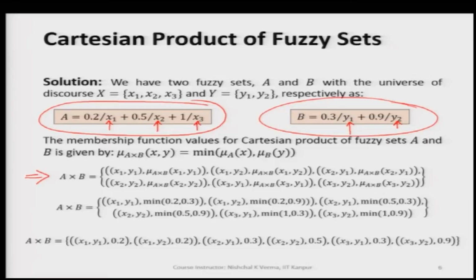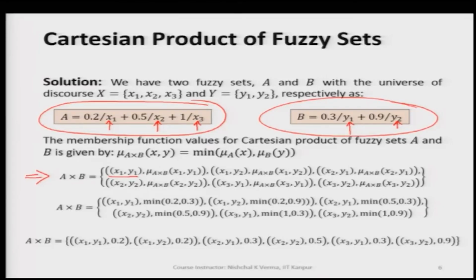So, when we take the Cartesian product of A and B, that is A cross B, we get x1 y1 as one of the ordered pair elements, and this ordered pair element will have its associated membership value.